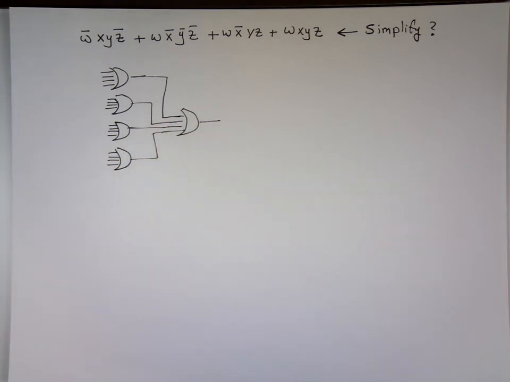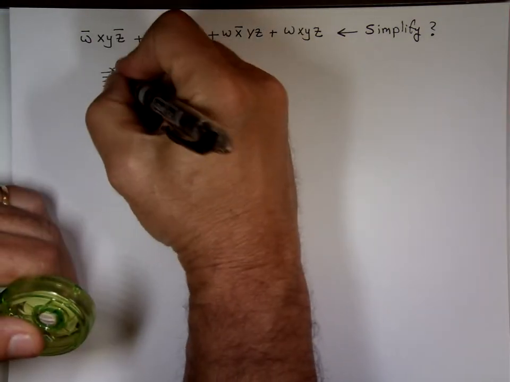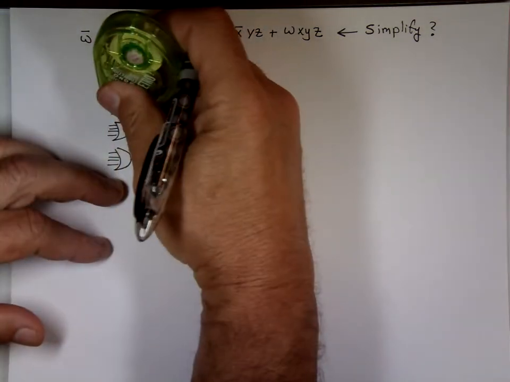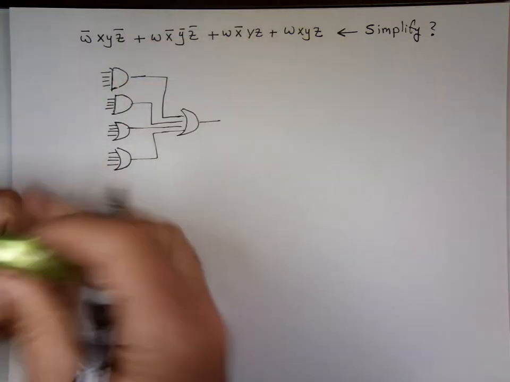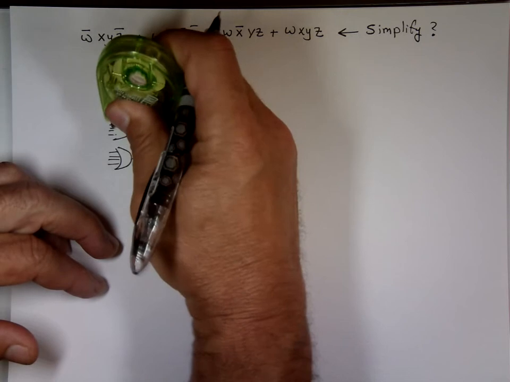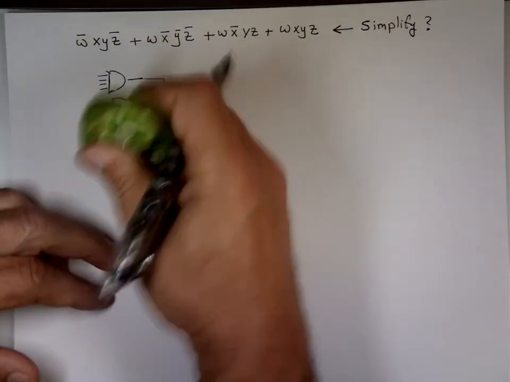Oh, these are AND gates. Yes. AND gates, not OR, thank you. And notice I didn't do what? There's something else I left out. What did I leave out? The NOTs, right? These are AND and that's OR. Didn't even touch the NOT.